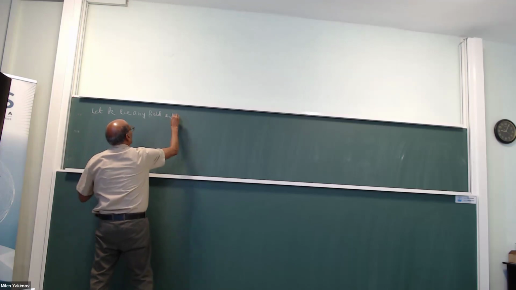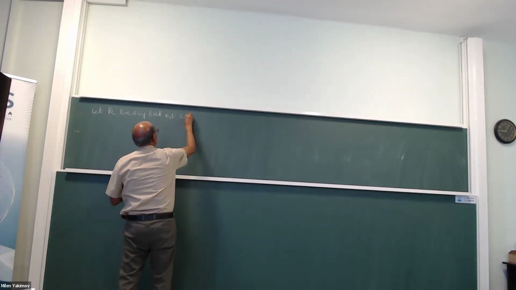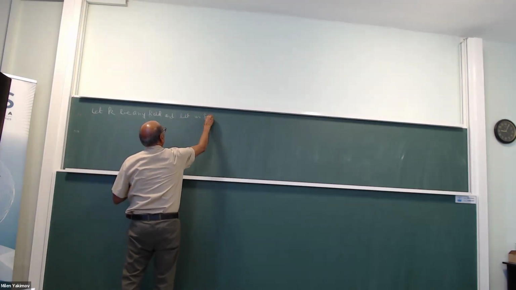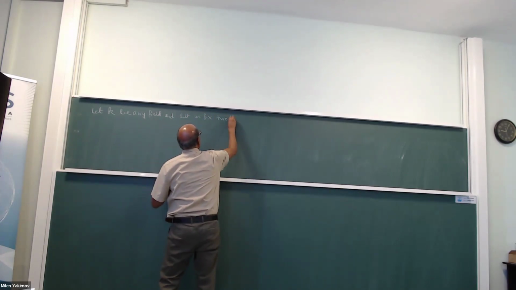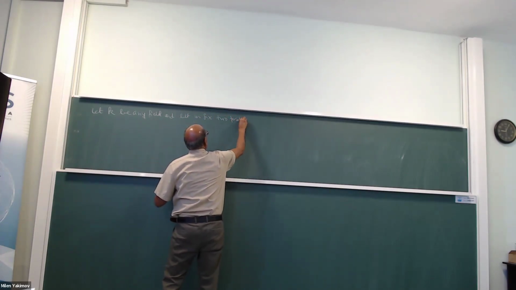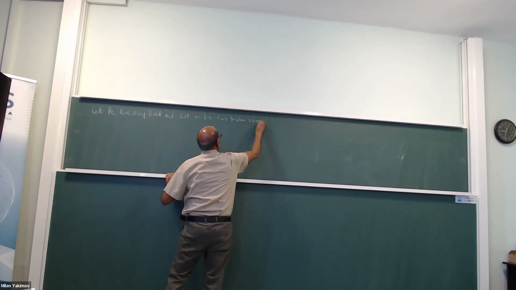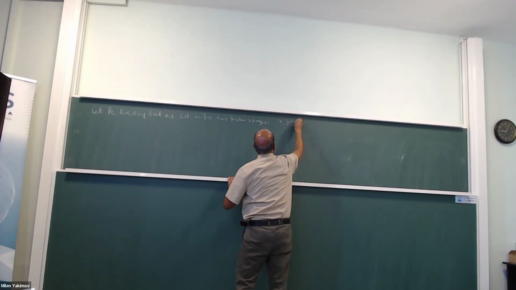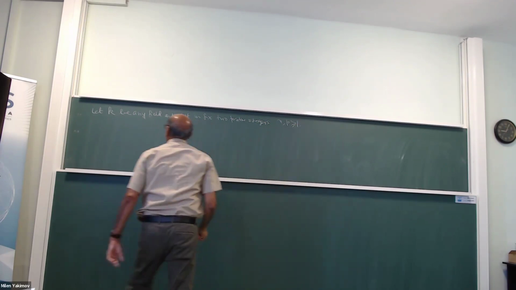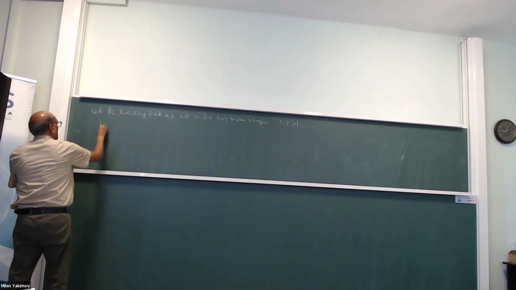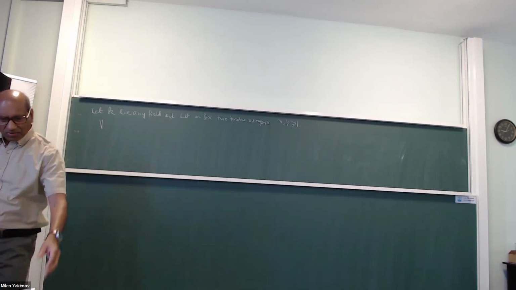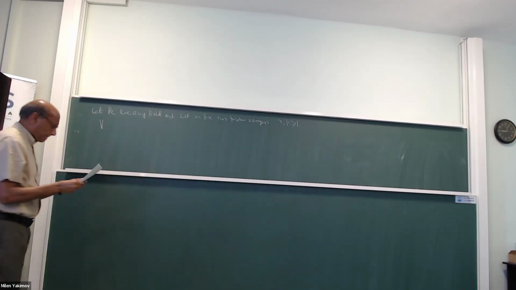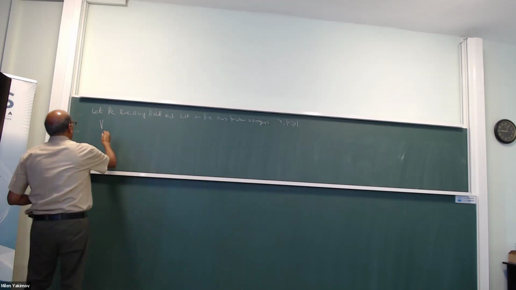And let us take two positive integers, n and p. And let's define this space V, and just for consistency of notation, V_{n,p}.